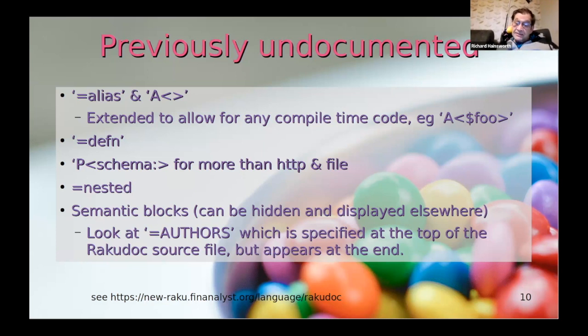The other thing that's quite interesting is that you can hide it. So you can hide a semantic block. You can write it at the very beginning, so you can put the authors right at the beginning of your document, but then you can hide it from the renderer until you place it later on in the file.